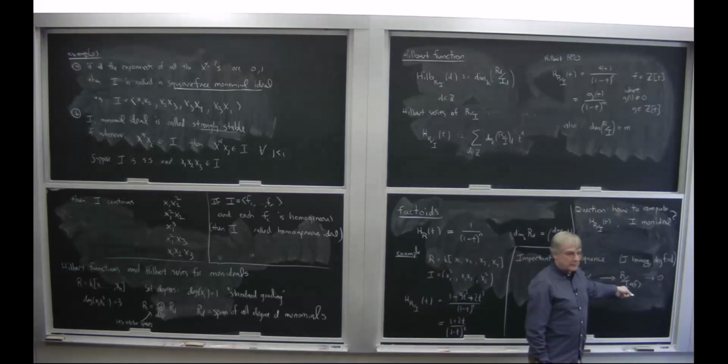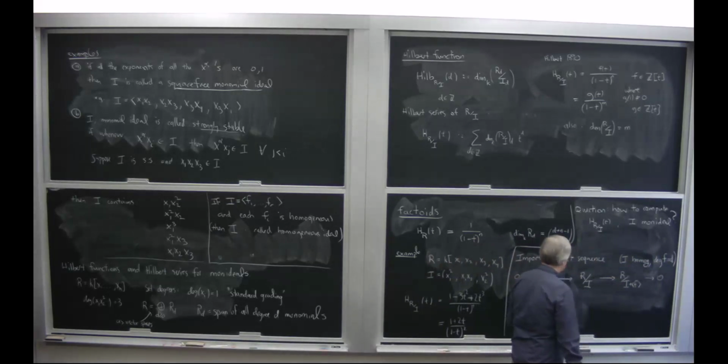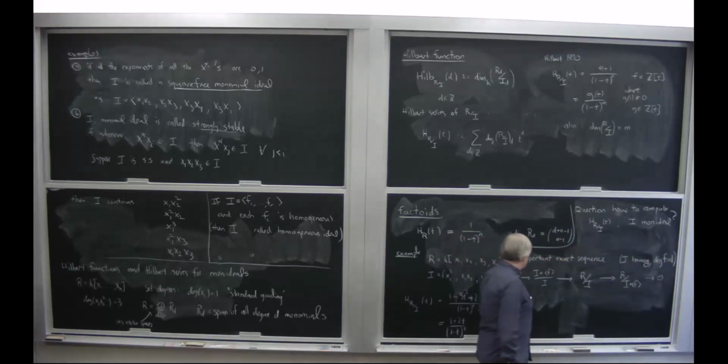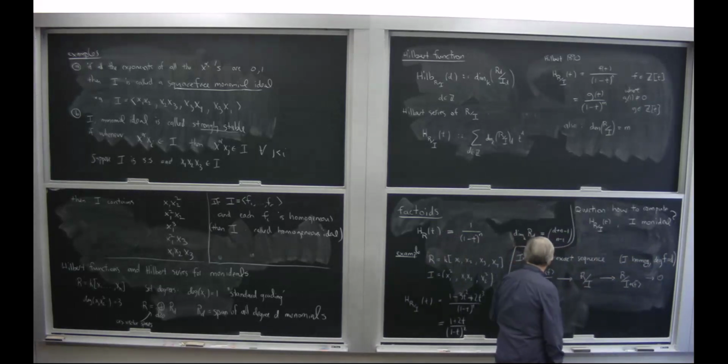Just one of the isomorphism theorem things. So it's I plus F mod I. Okay. This has maps of degree 0. So this is homogeneous. Every one of these things is homogeneous, and the maps are degree 0.